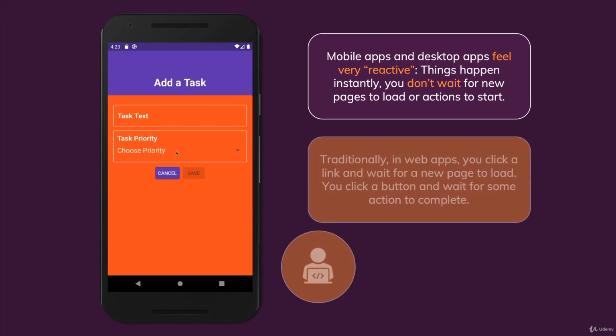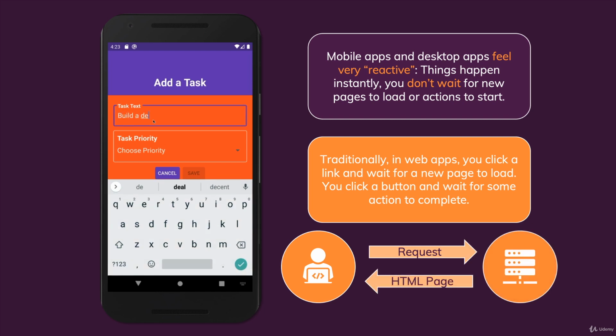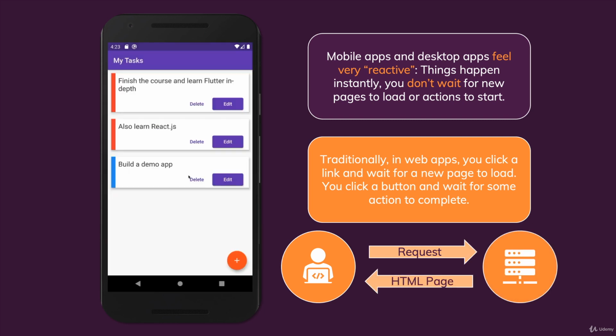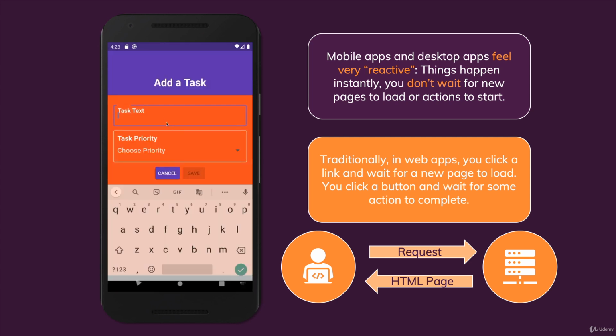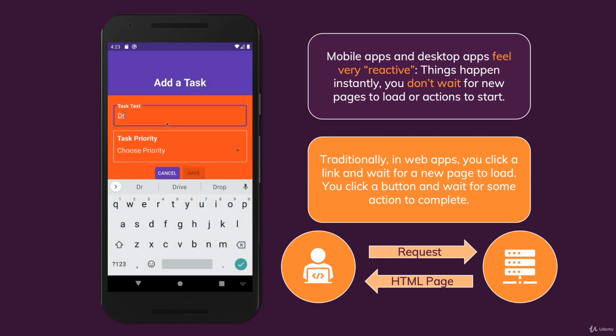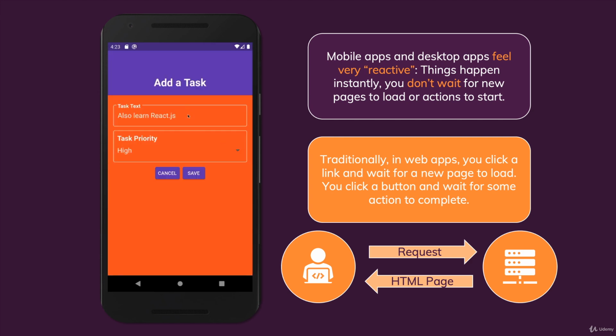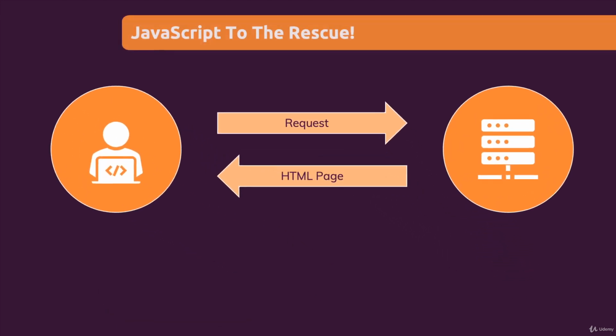Now, in web apps traditionally, we click a link and we wait for a new page to load. And that happens over and over again. We might enter some data in a form, we click a button, that data is submitted, and as a response, we get a new HTML page. So in a traditional web page, we wait for responses all the time. JavaScript can help us here.